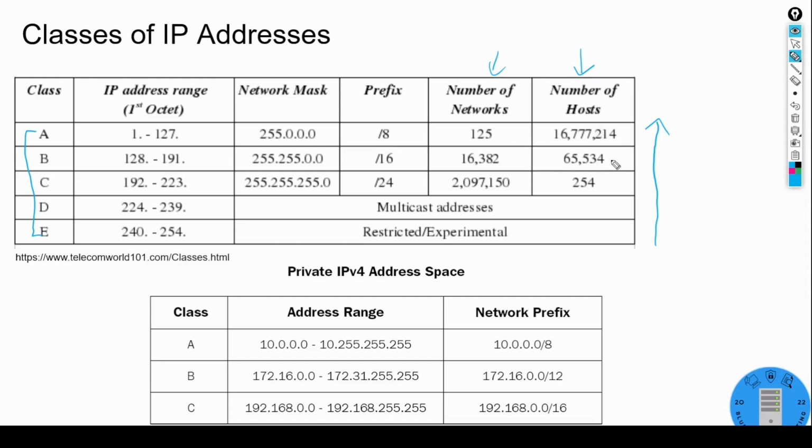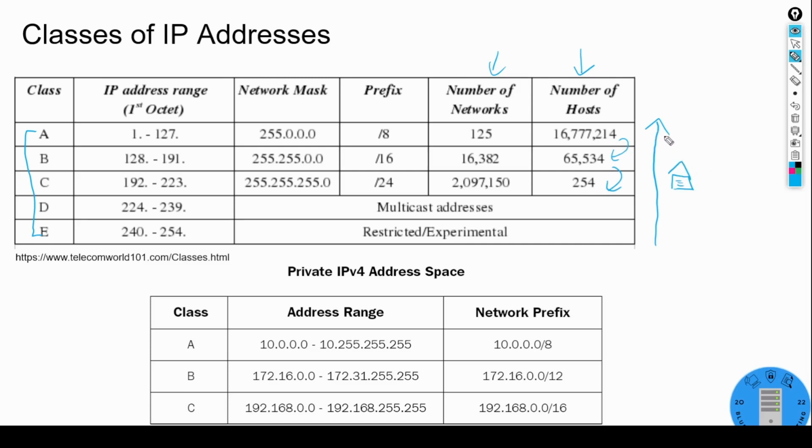And as you move down to class B, the number of hosts that you can have goes down, and class C will be smaller. So why would you want to know the different classes? Just to get a conceptual understanding. If you have a class C network, maybe you're working with your home and you only have 254 or fewer devices that need to be assigned IP addresses.